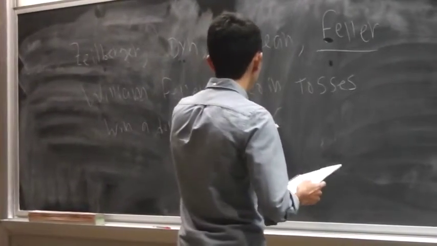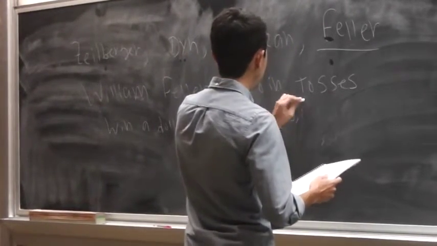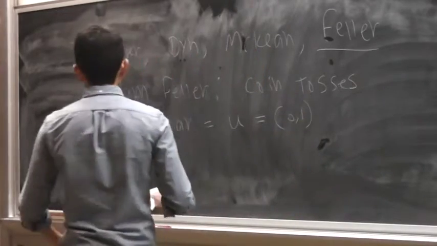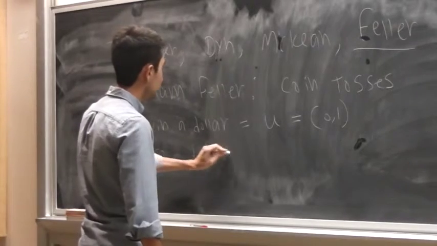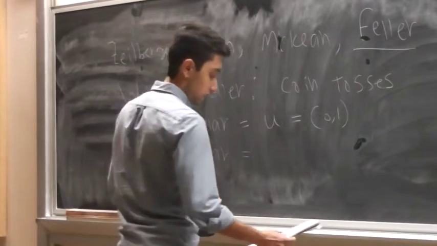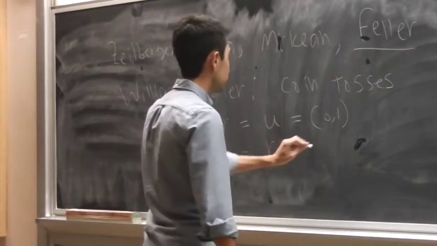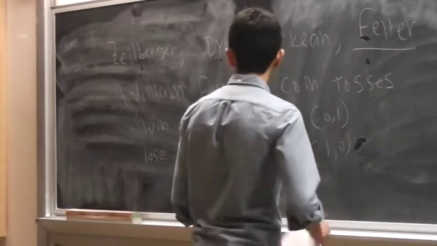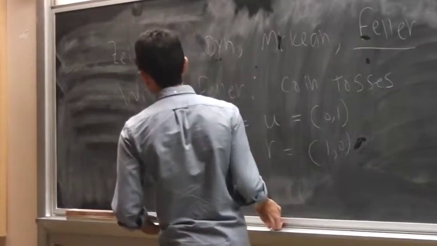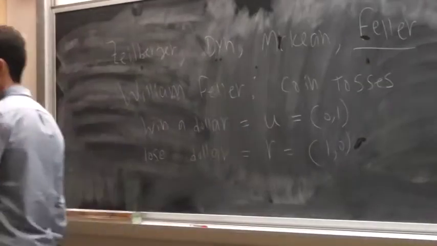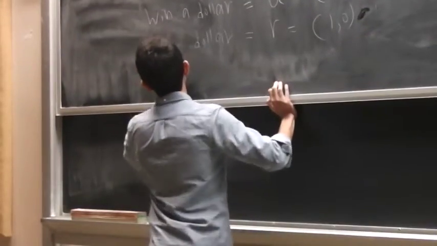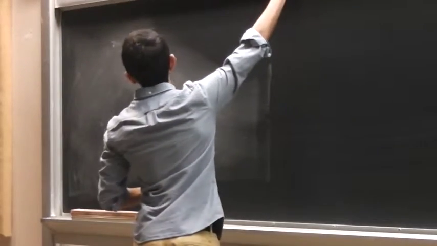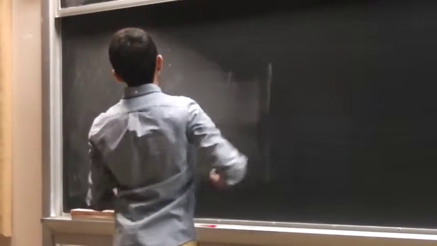In other words, it's like a walk in the direction (0,1) in the plane. And then if you lose $1, that's like walking, I guess, to the right. So the point is, if you have a game, a sequence of wins and losses, then you can interpret that as a random walk.